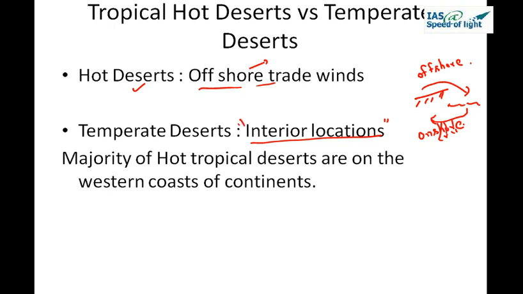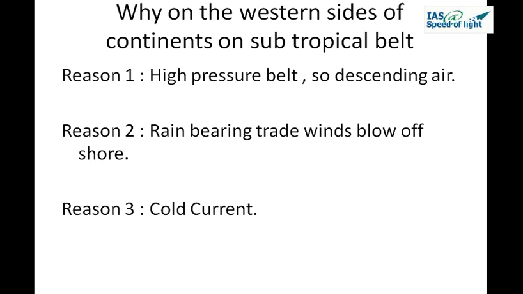So the majority of the hot tropical deserts are on the western coast of the continents. The question comes now, why on the western side of the continents on the subtropical belt? The first thing we should note is that it is a subtropical belt, and the subtropical belt is a high pressure belt. So high pressure means descending air, right?